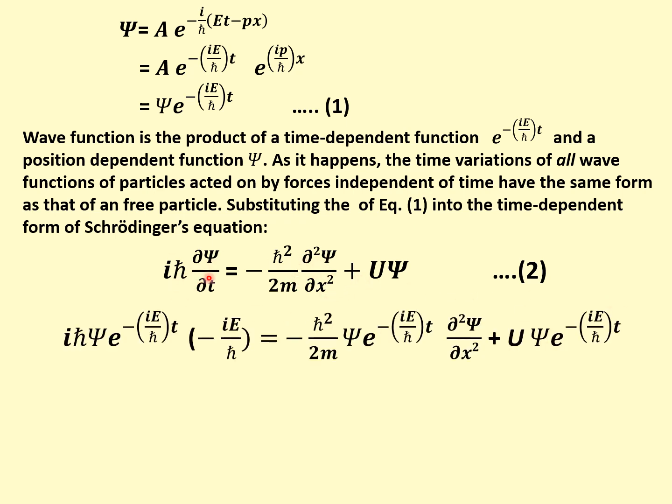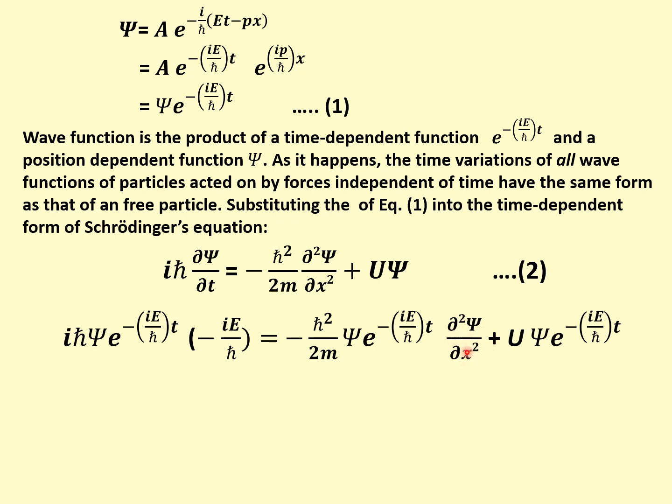And if we put the value here, ψ equals ψ e raised to power minus i by ħ t, we differentiate with respect to time, so we will get iħ ψ e raised to power minus this, into differentiation of this with respect to t, it will give minus iE by ħ. Similarly, here with respect to x, there is no t term, so it will be minus ħ² by 2m ψ e raised to power minus iE by ħ t ∂²ψ/∂x².